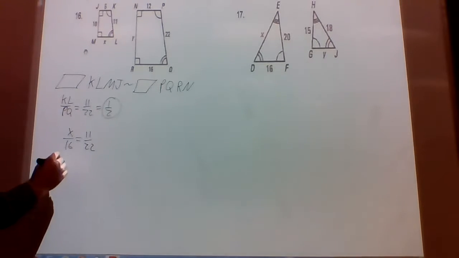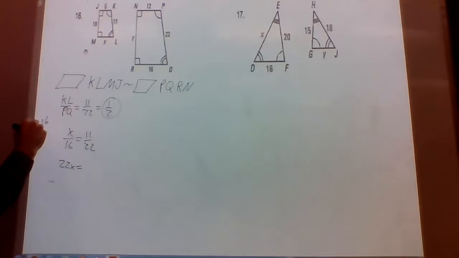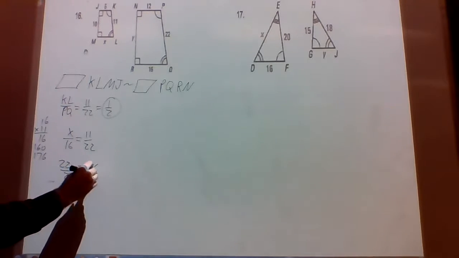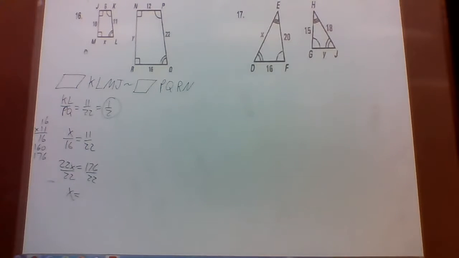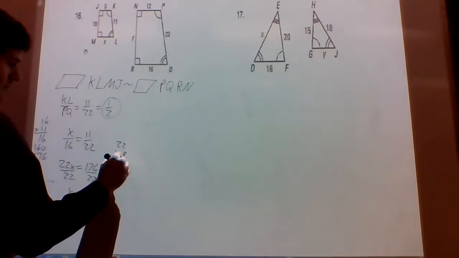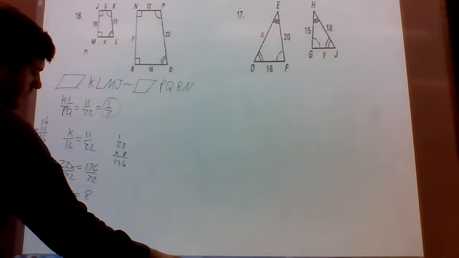Cross multiply. 22x is 16 times 11. 176 divided by 22. So 22, 88, 8. 8 sounds right. Yep, 8.